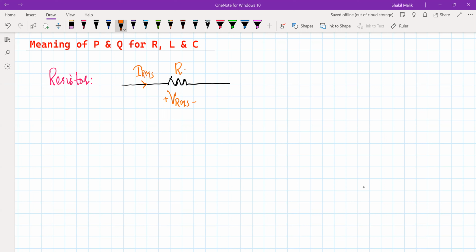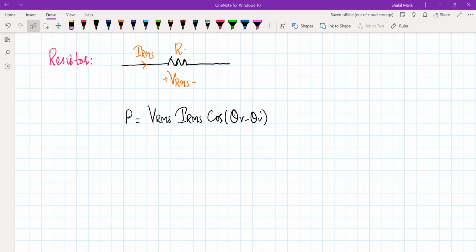All right. So how do we define P when Vrms and Irms are given? From the previous session, P we defined as Vrms, Irms multiplied by the cosine of the angle, that is theta V minus theta I, the phase difference between voltage and current.